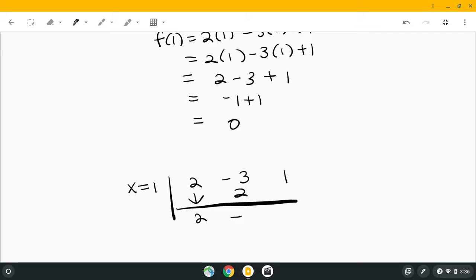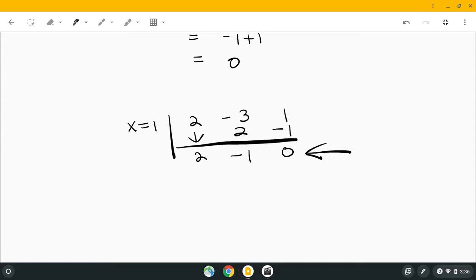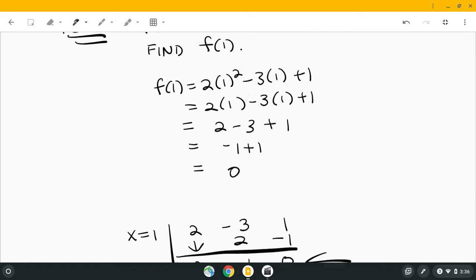Negative 3 and 2 is negative 1. Negative 1 times 1 is negative 1, and we get 0. So here, this remainder would be your answer. So you can just say f of 1 equals 0. And I can also do this for any number.